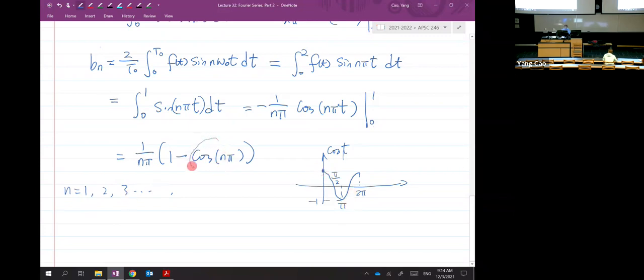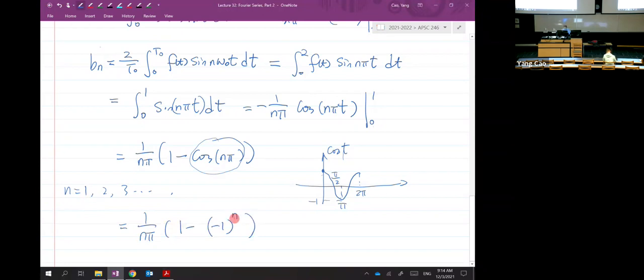So this term, as n goes from 1 to 2 to 3, what does it do? It's oscillating between -1 and 1, right? And the oscillation between -1 and 1 depends on the value of n. Then this term, you can clearly see, you can write it as -1 to the power of n.